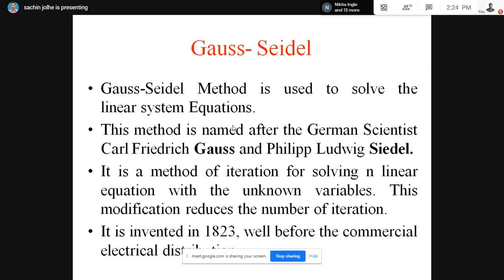But at that time, commercial electrical distribution had not started, so this is not purely made for electrical. But most of the time we are using it for the calculation of electrical load flow.